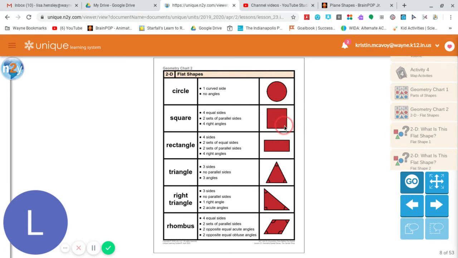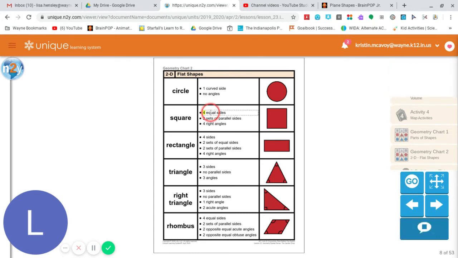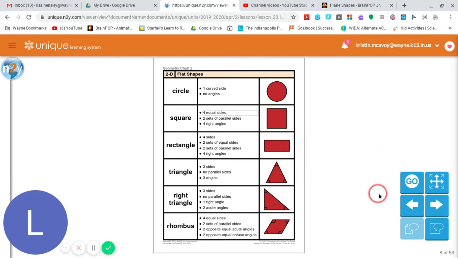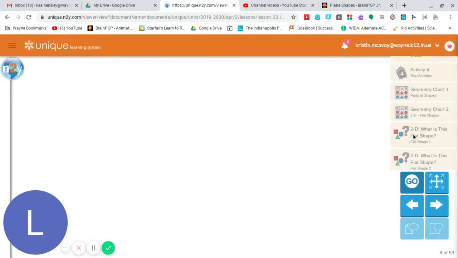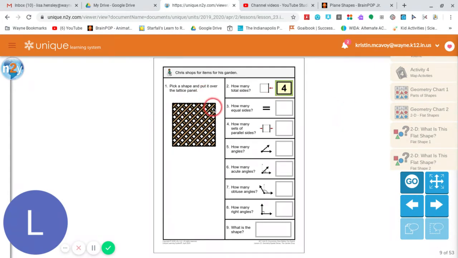So what does it say about that? Sides. Okay, so there's 4 sides. Are they all equal? Let's look and see. Does this shape compare to the shape on our paper? It looks like it to me.